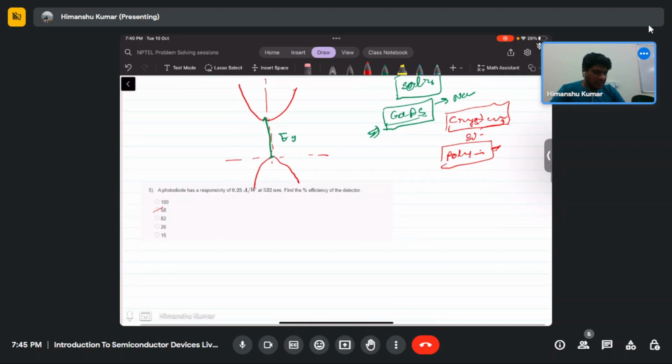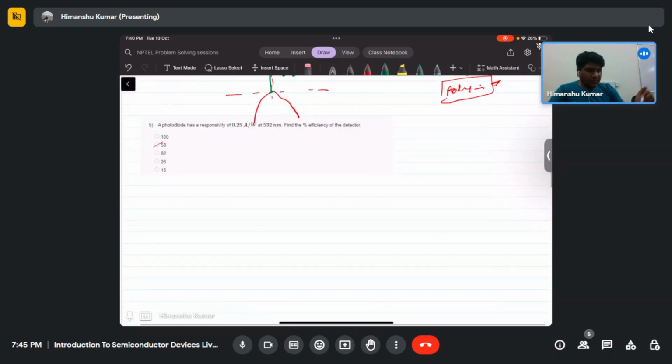Okay, so let's move to the next problem. A photodiode has a responsivity of 0.25 ampere per watt at 532 nanometer. Find the efficiency of the detector.